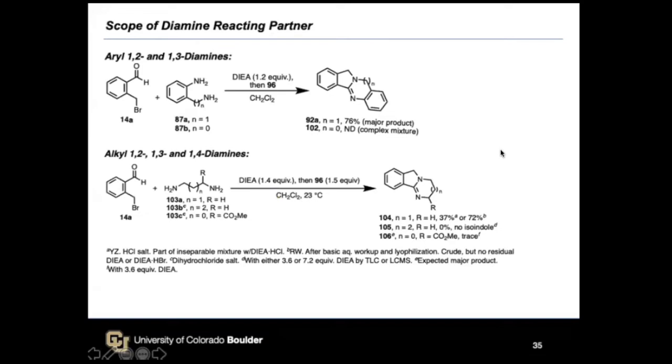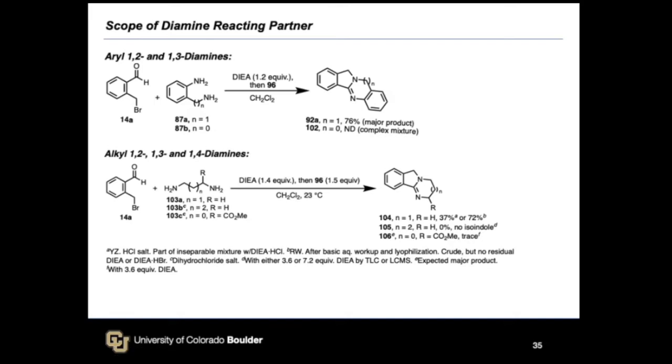So with our optimized conditions in hand, we then investigated the scope of the diamine reacting partner, starting with aryl 1,2 and 1,3 diamines. While 92A, which is a 1,3 diamine, and that's our model reactant, worked well, the 1,2 diamine that gives product 102, that would be 87B, did not work well.